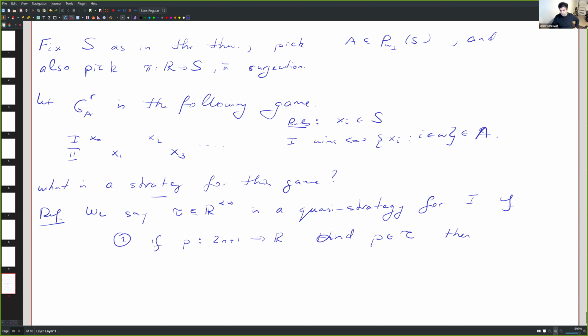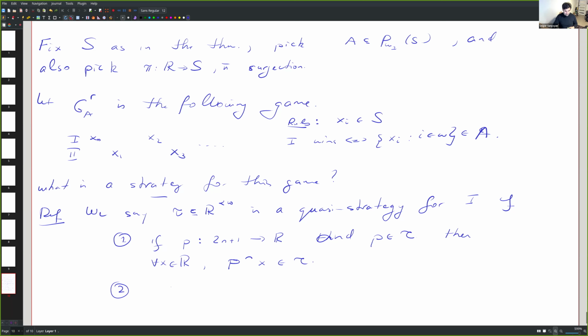Then you have to say, no matter how 2 plays, you're still in the domain. For any x in R, P followed by x belongs to tau. So it doesn't matter what 2 played, you stay within the strategy.